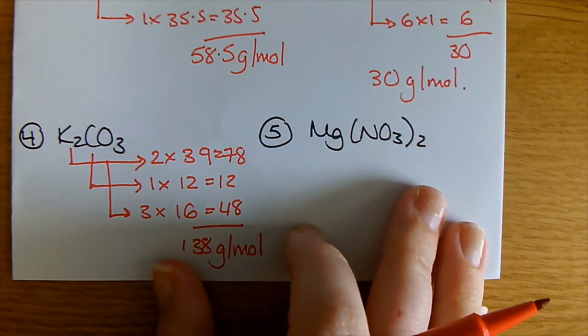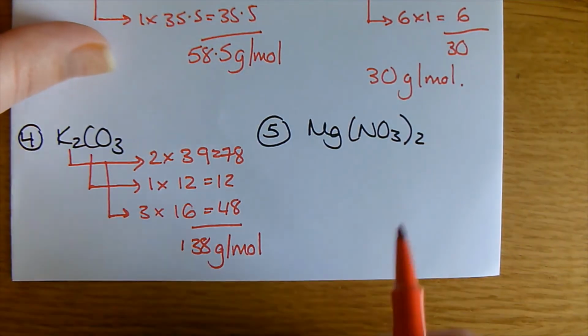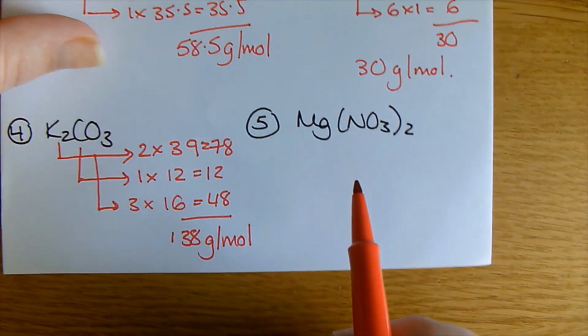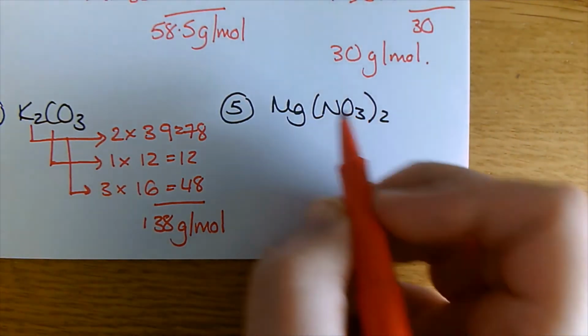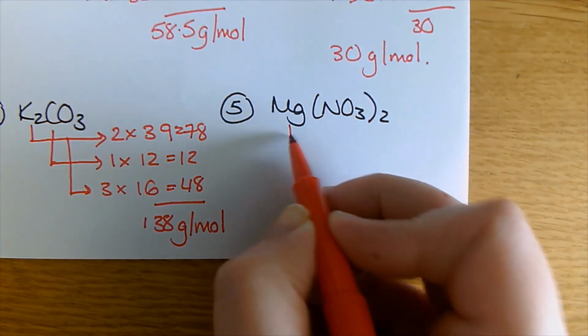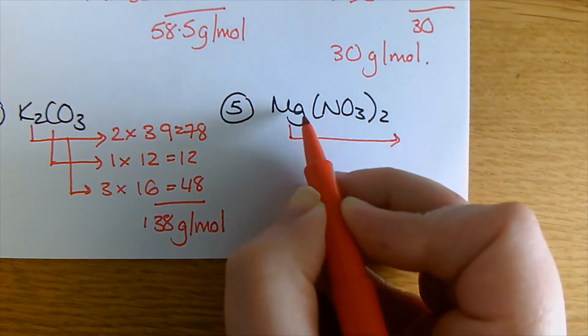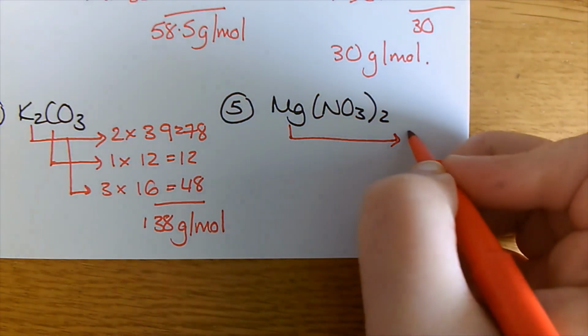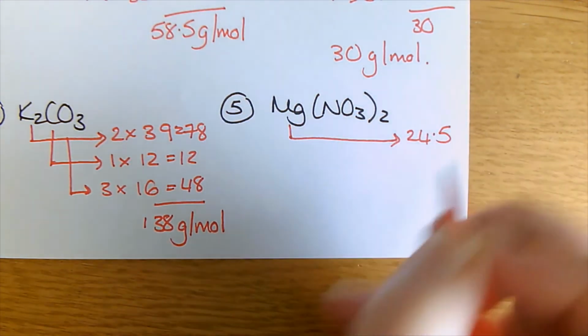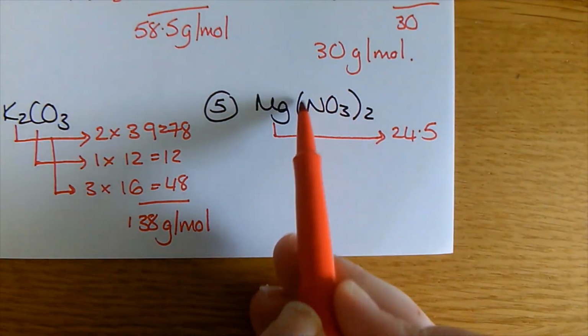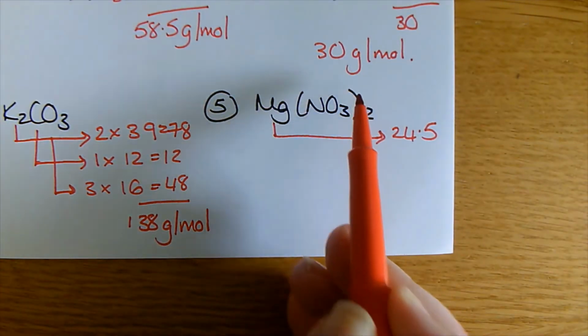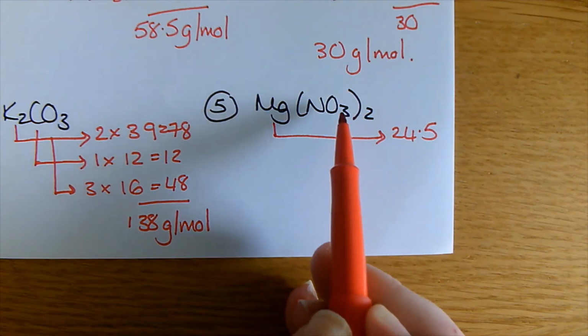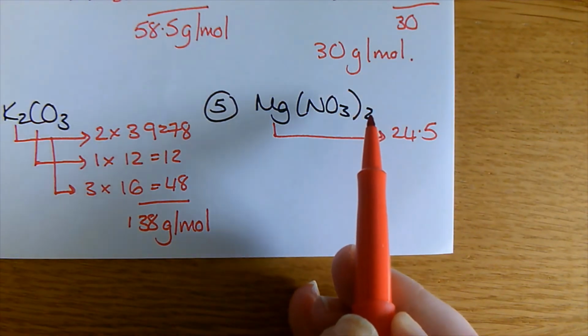Now, moving on to the hardest of these examples by far, when we've got brackets in our formula. Starting off with magnesium, it's simple, we've got no little number after it, it's just magnesium, which is 24.5. However, when we come to the elements in our brackets, everything inside the brackets gets multiplied by this little 2 that's outside it.